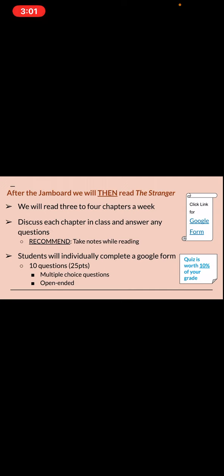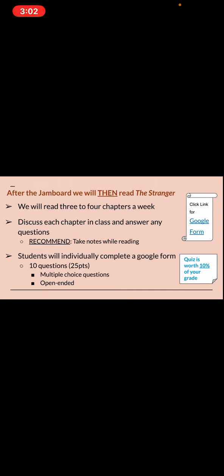I recommend students take notes while they're reading, and while we have our little circle of discussion. I know for me, I'm more of a person who likes speaking things out, but also writing it down because it helps me remember things better.